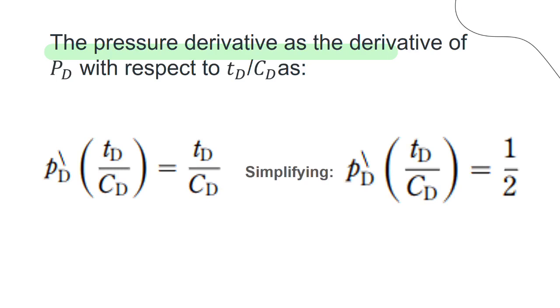The pressure derivative is the derivative of dimensionless pressure PD with respect to dimensionless time TD over dimensionless storage factor CD. By simplifying it, we get dimensionless pressure multiplied by the quantity TD over CD, so we can get 1/2.